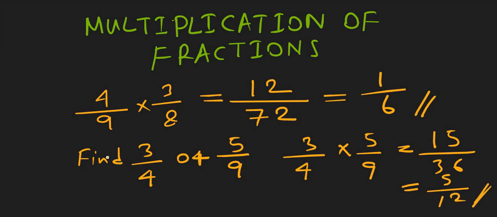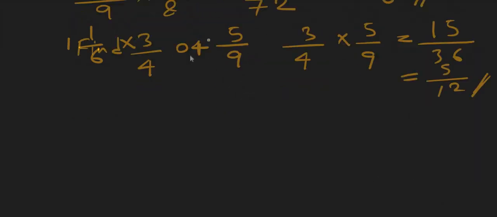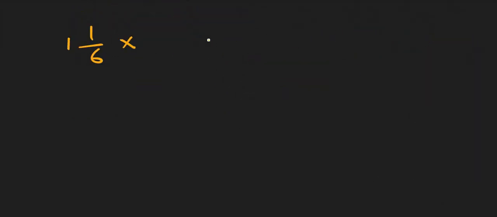But before multiplying mixed fractions, you need to convert them into improper fractions. Let's look at an example. 1 over 6 multiplied by 2, 1 over 2.